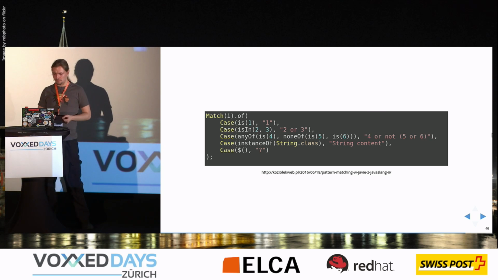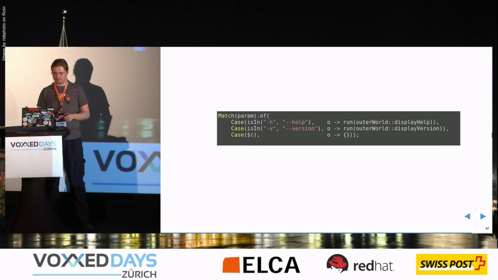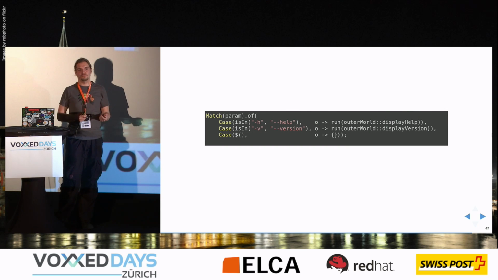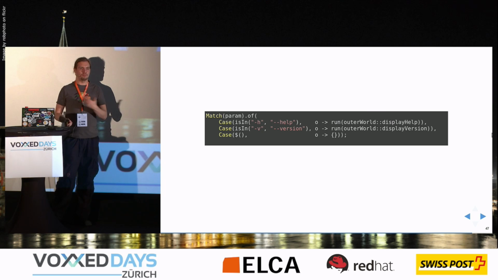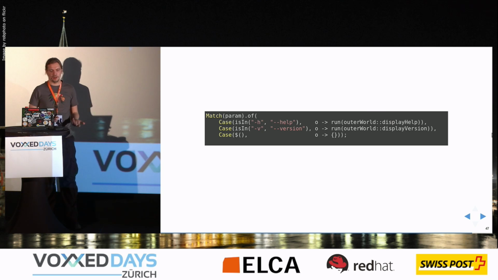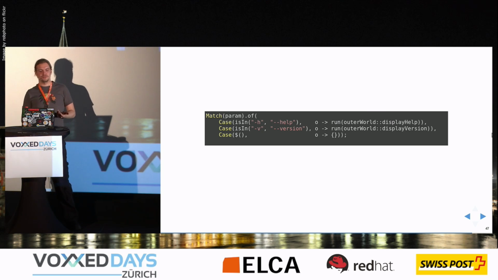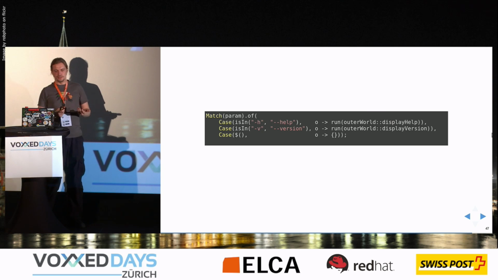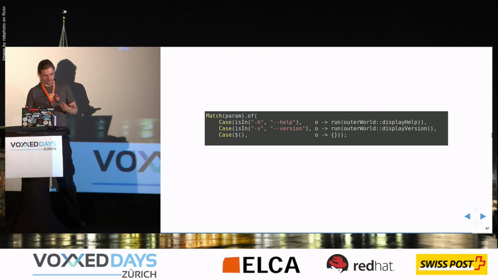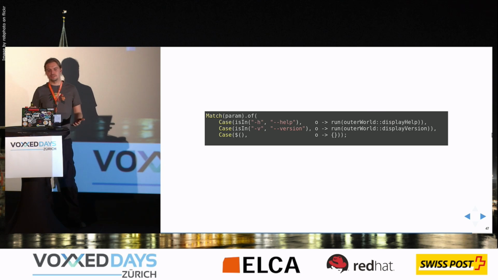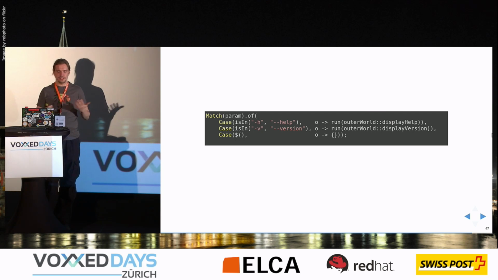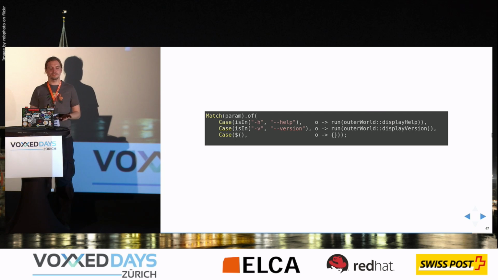Well, it didn't include them here. Here you can see how it could look like in a real-life situation. For example, let's say that you are parsing command line parameters, and if you have help or -h, display help, and the second one I have -v or version, and in this case display version. And if you didn't recognize what's in there, just run nothing in this case.